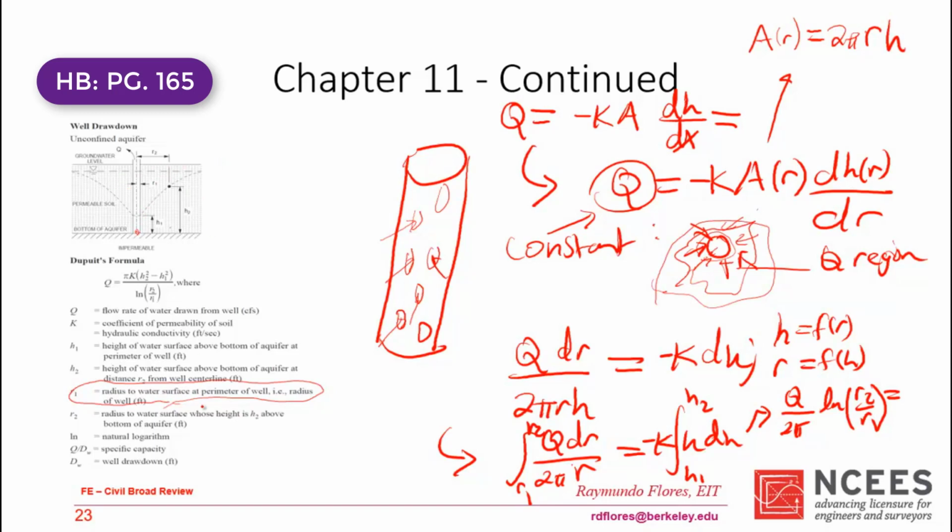Now it may not say that, but that's what it is, because remember our thing is infinite. So it says R2 radius to water surface whose height is H2 above bottom of aquifer. So really this is deceptive. That's wrong. It should actually be somewhere around here. So R2 is somewhere around here. They just didn't know how to do it because it's really complicated.